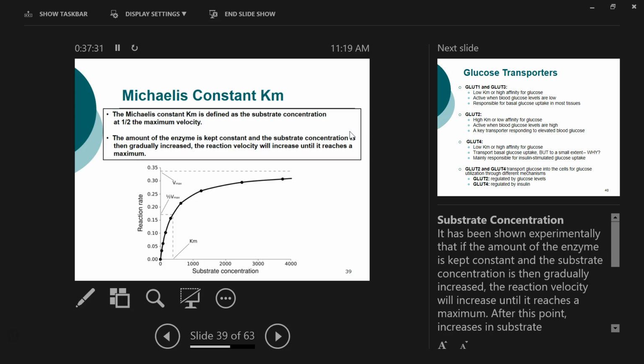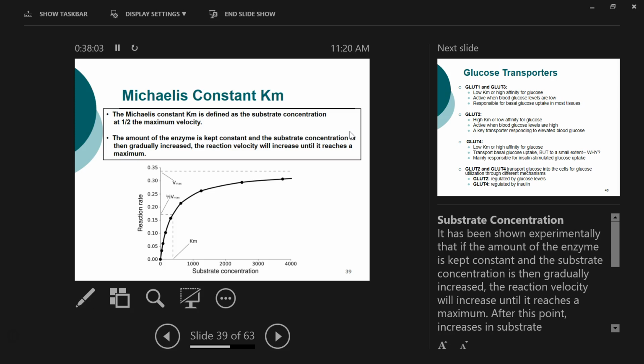The speed of a reaction, how quickly this reaction takes place, actually depends on three things. One is the substrate concentration, and two is the enzyme concentration, right? And the product concentration also controls the speed of the reaction, right?